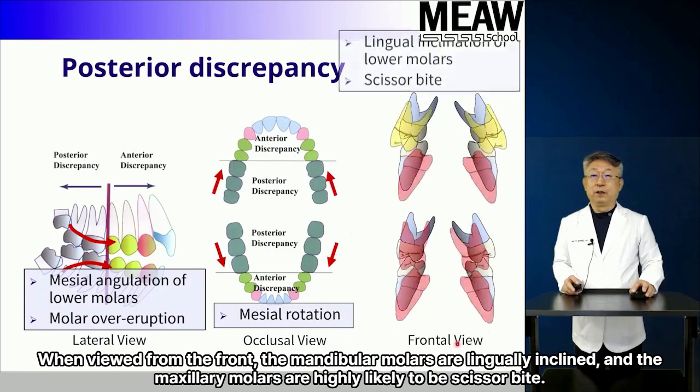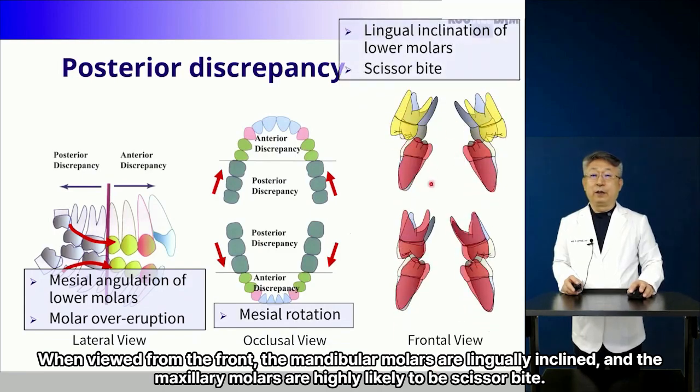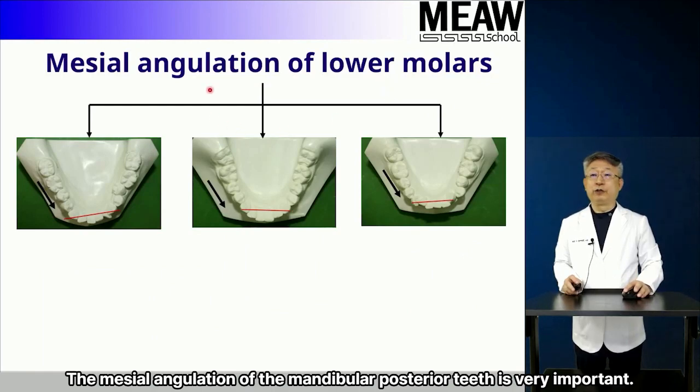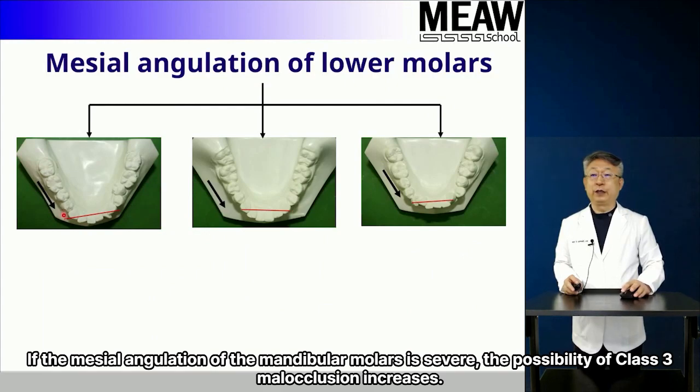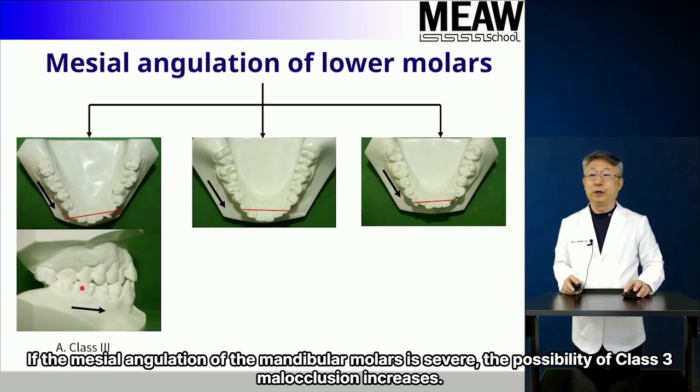When viewed from the front, the mandibular molars are lingually inclined, and the maxillary molars are highly likely to be in scissors bite. The mesial angulation of the mandibular posterior teeth is very important. If the mesial angulation of the mandibular molars is severe, the possibility of class 3 malocclusion increases.